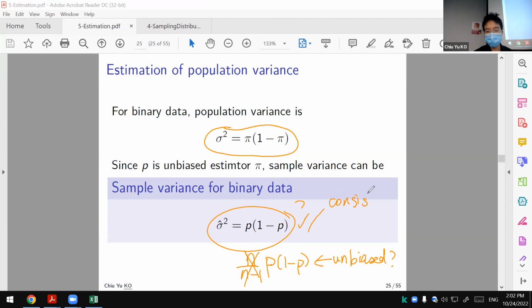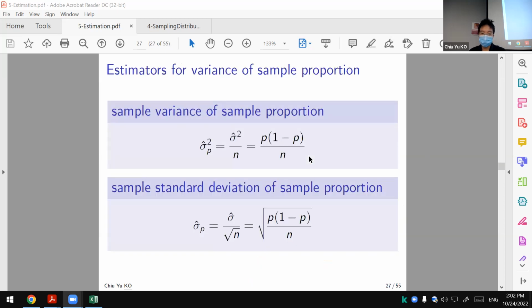Although it's biased, it's consistent, so that's not a problem. So in general we have to do the n-1 thing, but for binary data we don't, because it's still consistent. The same applies here: we just take the variance of that.